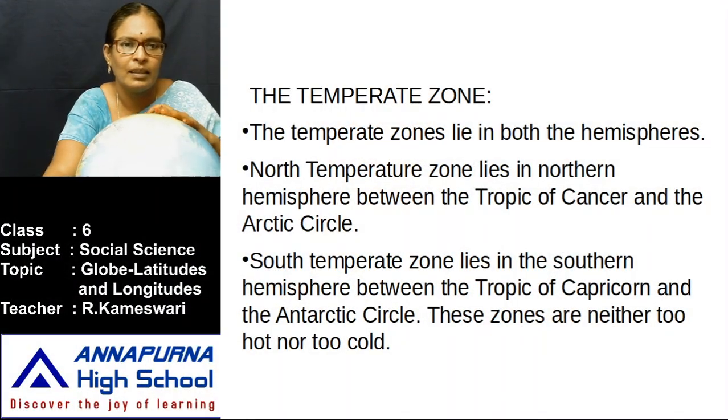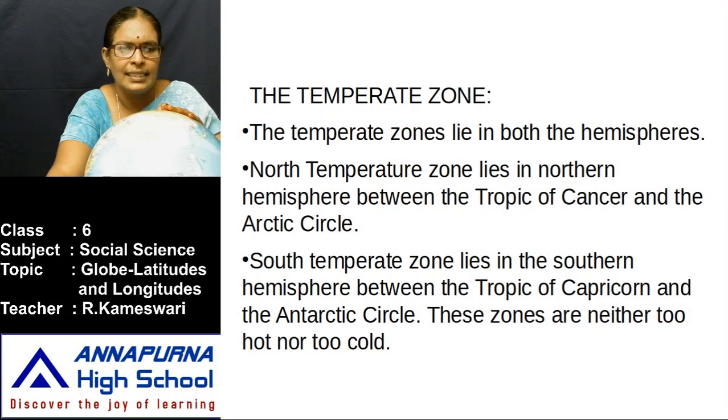Here the climate is mild. What is the meaning of mild climate? It is neither too hot nor too cold. That's why most people live in this area. No one can live in the torrid zone, and at the same time no one lives in the frigid zone either. So most of the people want to live in this temperate zone.